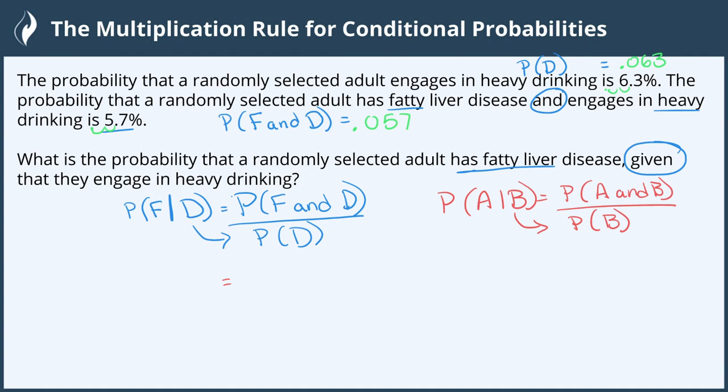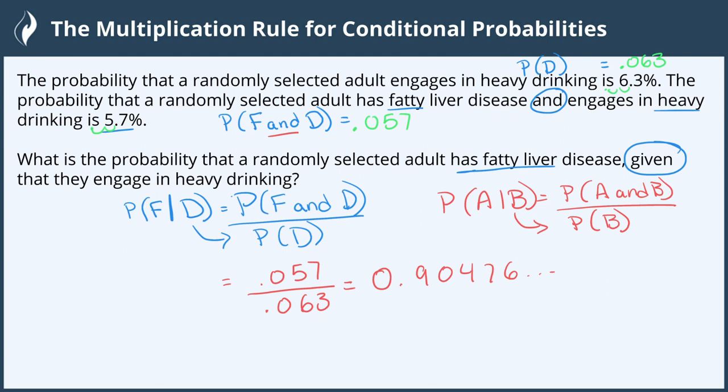The probability of fatty liver disease and heavy drinking is 0.057 divided by the probability of engaging in heavy drinking, which is 0.063. Using my calculator, this gives us a decimal of 0.090476, and it keeps going.